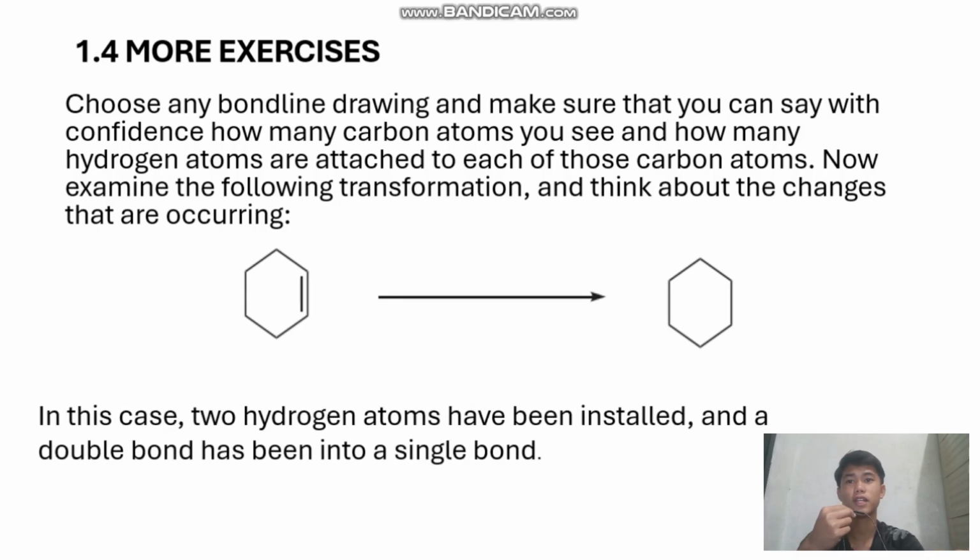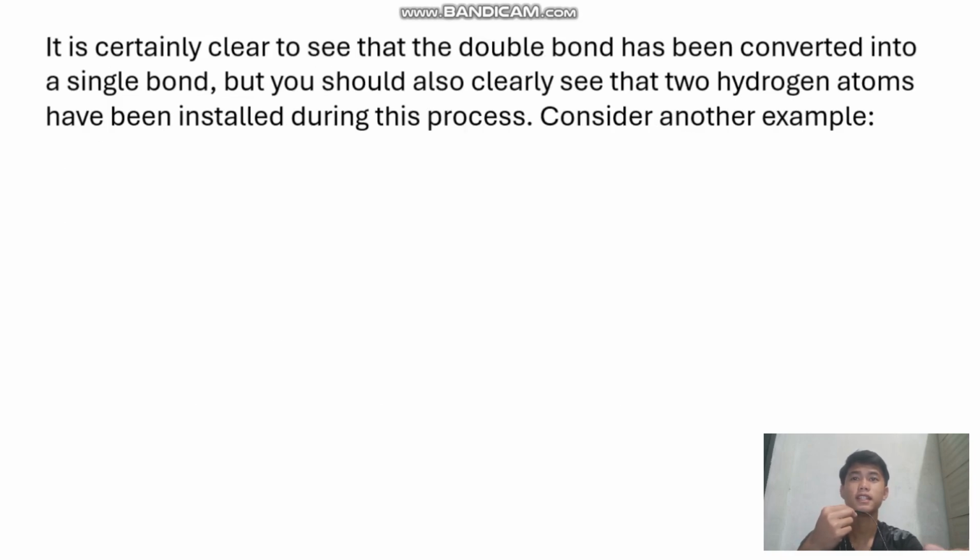In this case, two hydrogen atoms have been installed and a double bond has been converted into a single bond. It is certainly clear to see that the double bond has been converted into a single bond. But you should also clearly see that two hydrogen atoms have been installed during this process.